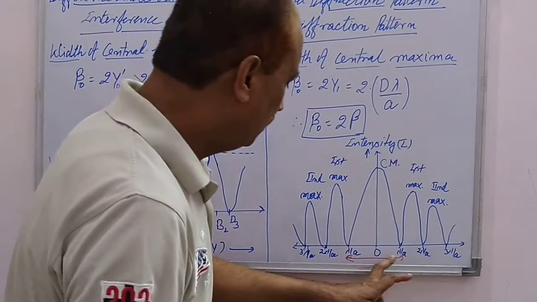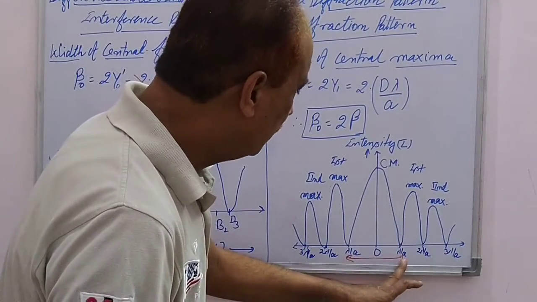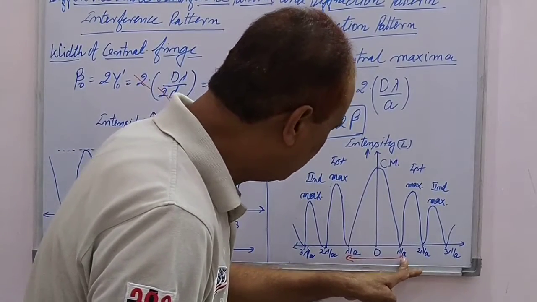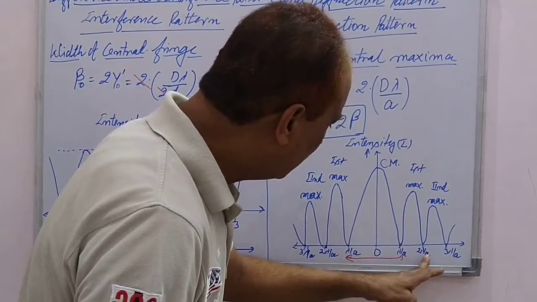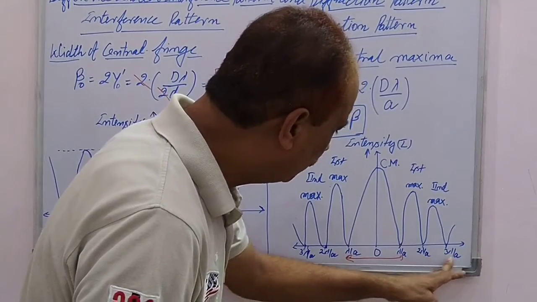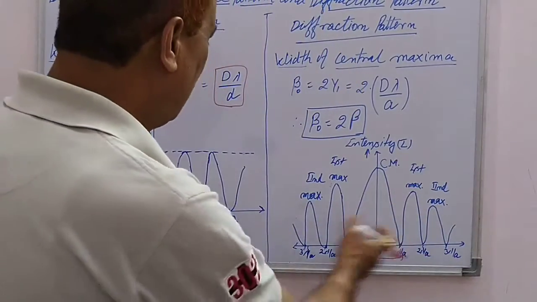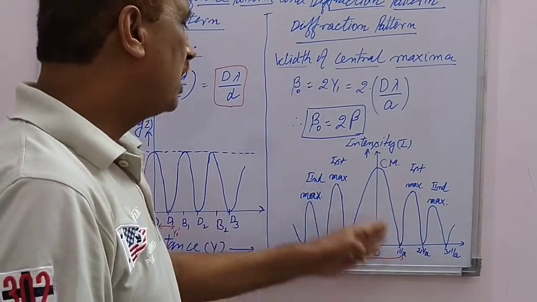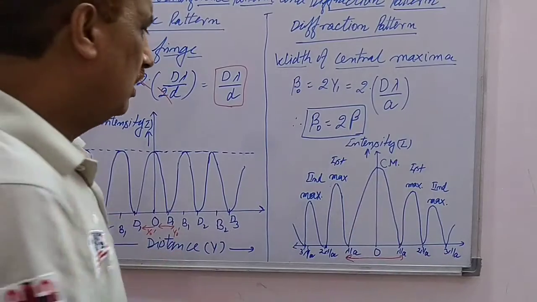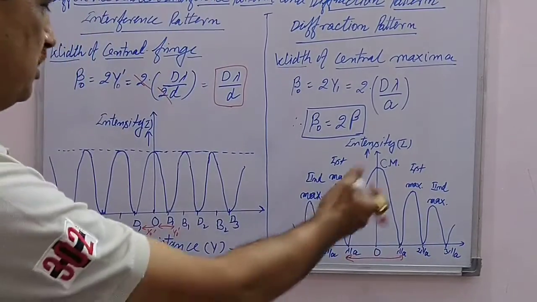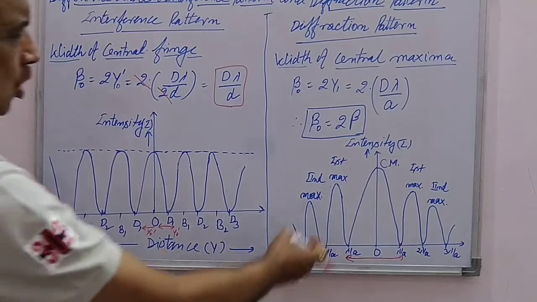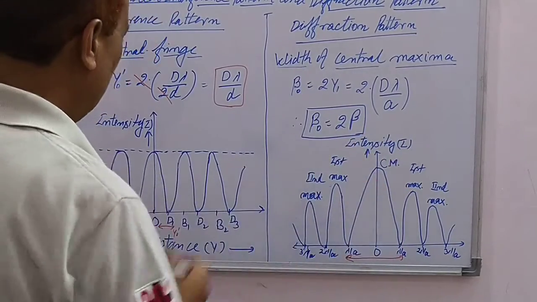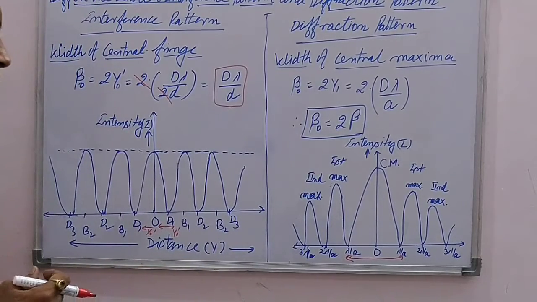The first minima is at lambda upon a, then the second minima at 2 lambda upon a and 3 lambda upon a. Similarly on the left and right side we can draw the maxima and minima in the graph, and such maxima and minima are obtained on the screen when we do the experiment of diffraction by a single slit.